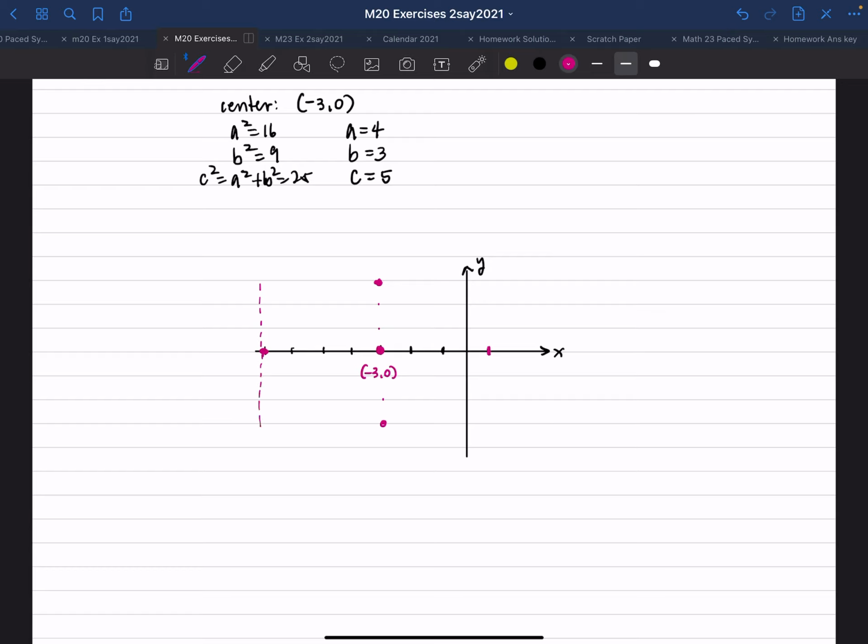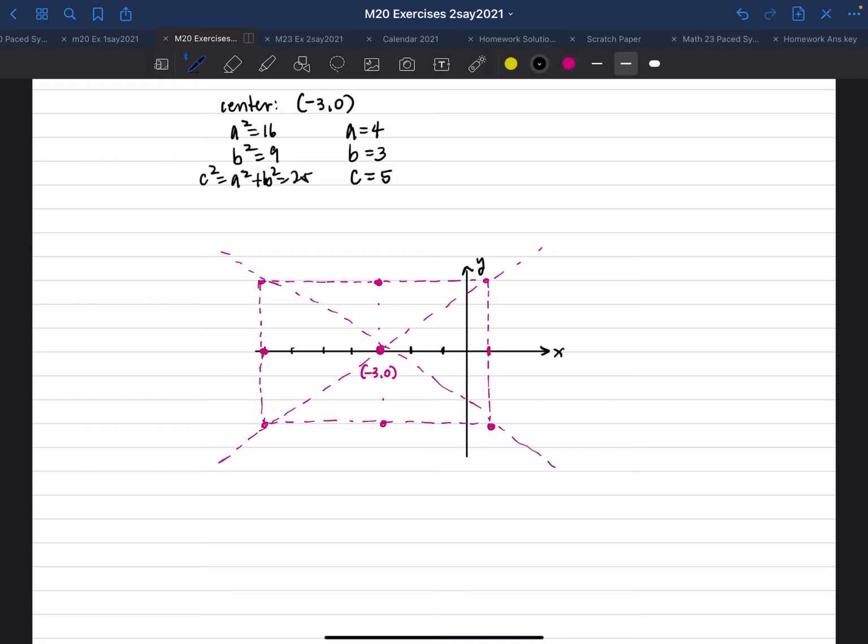So the imaginary rectangle will serve as your guide when sketching the graph of your hyperbola. Okay, and then connect the opposite vertices. This will serve as your asymptote and also your guide when sketching the hyperbola.